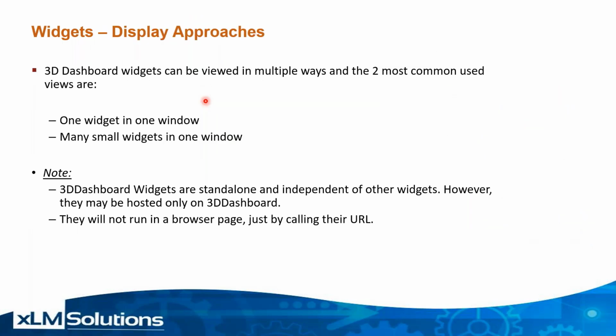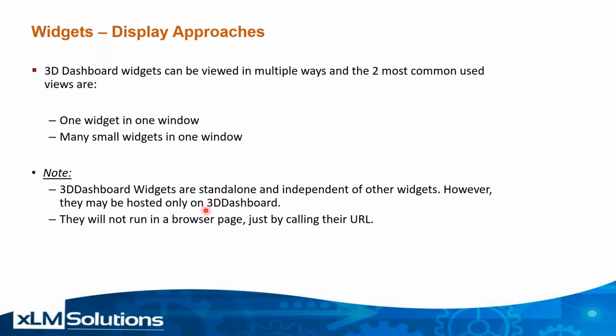So next, we can deploy widgets in two particular ways. 3D can be viewed in multiple ways, and the two most commonly used ways are one widget in one window and many small widgets in a single window. Also, we should note that 3D dashboard widgets are standalone and independent of other widgets.